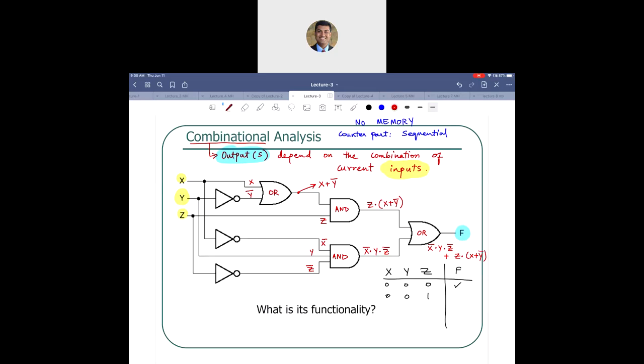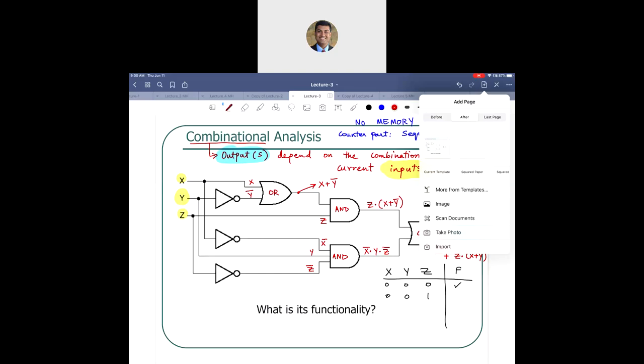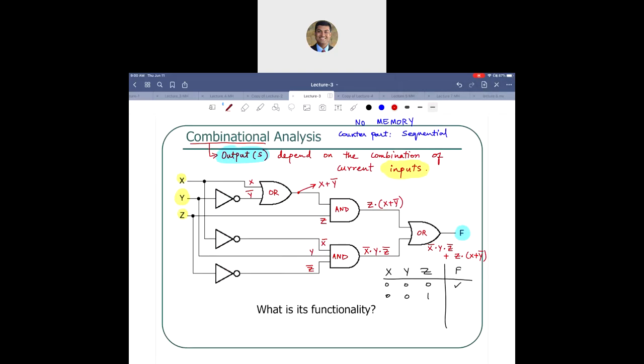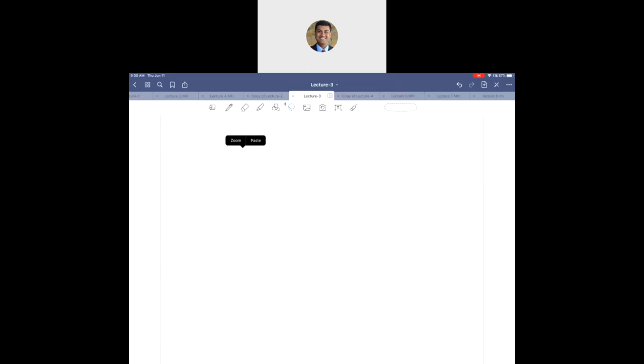Now, can I use this logic expression to fill out a truth table? Yeah, very quickly. Let me show you how to do that. I'll simply copy the logic expression over here, and I will show you how you can fill out a truth table quite comfortably. This was the f from before.